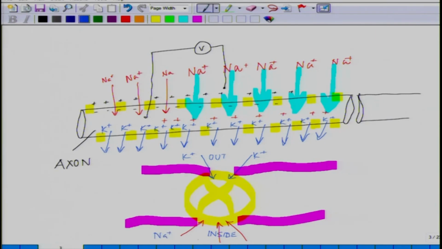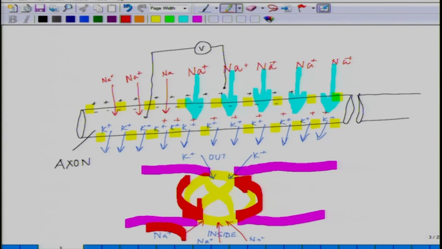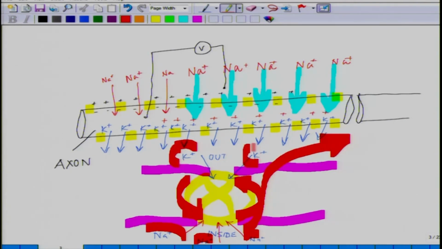It binds to the sodium, and then this pump flips like this. With this flipping action, all the sodium present inside is essentially thrown out of the cell, and all the potassium is restored back inside the cell.